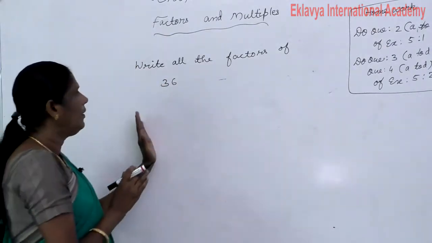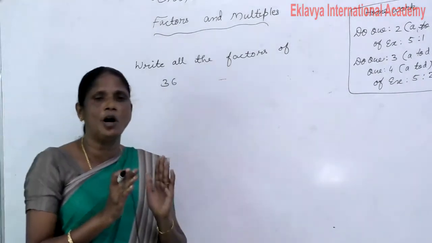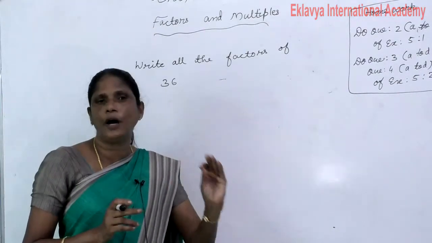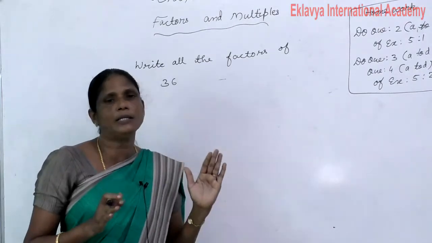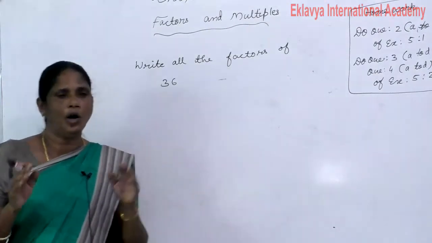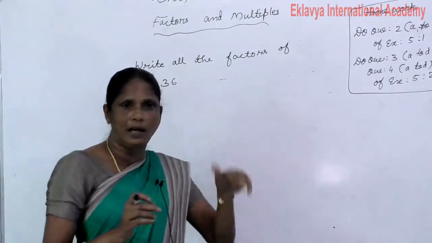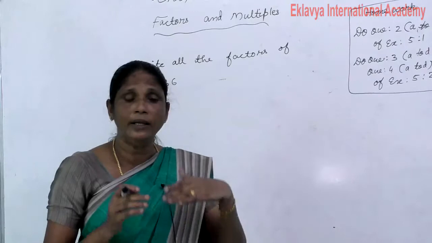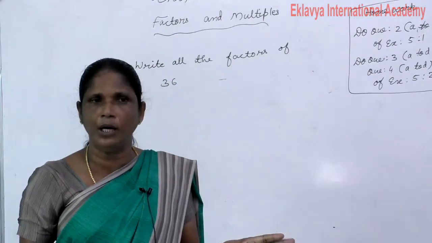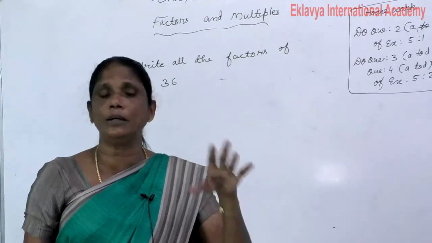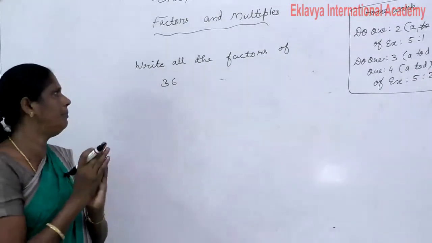Listen. First we find the factors. 1 is a factor of every number. The number itself is also a factor of every number.